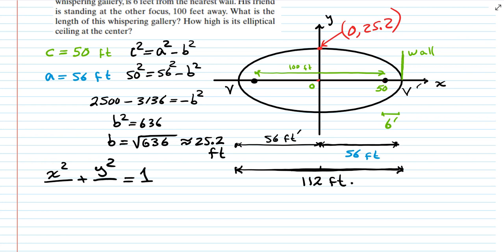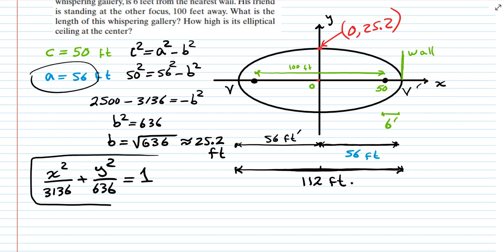And a is the greater of the two. 56 squared is 3136, plus y squared over b squared, which is 636. That's even the equation of that elliptical ceiling.